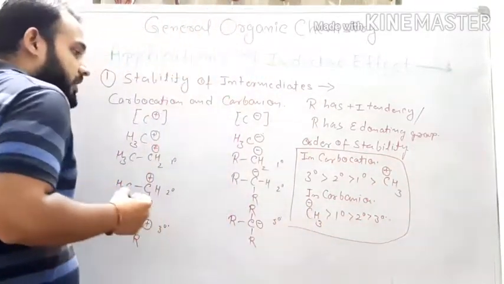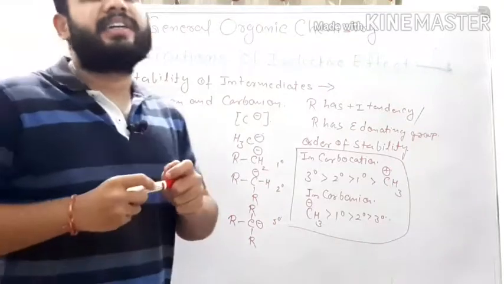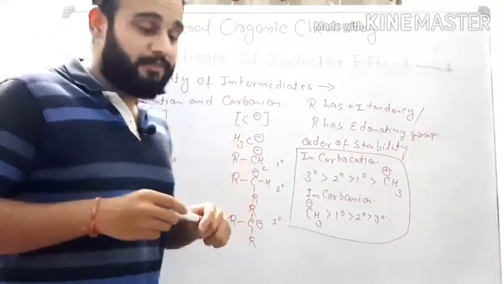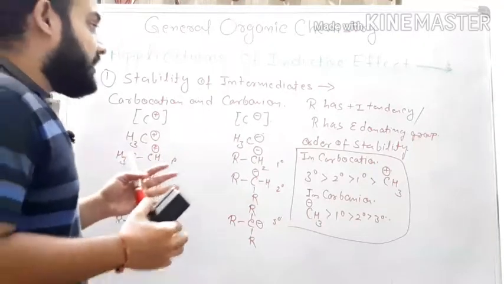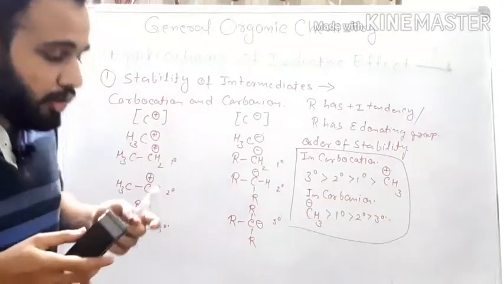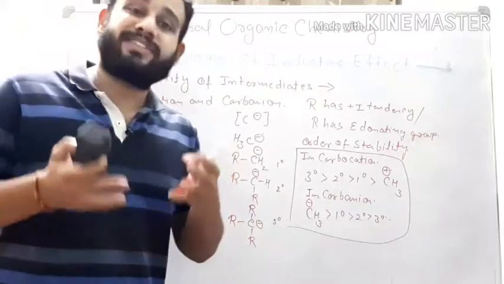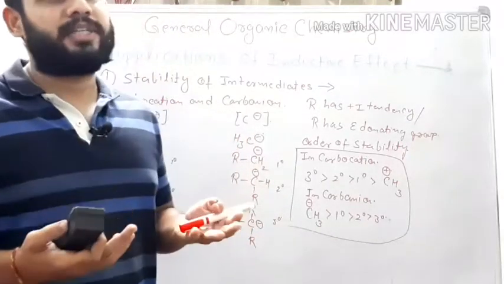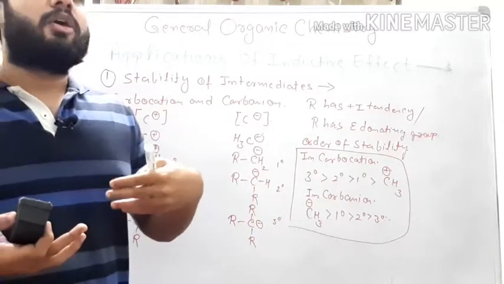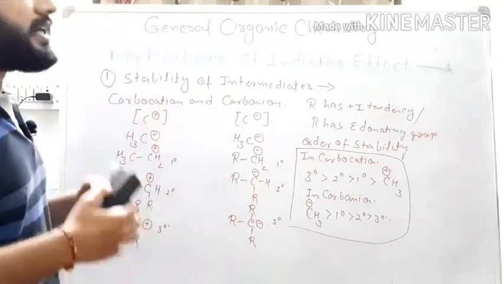So this is the order of stability of intermediates. Understand, friends? Now on the basis of this concept, we can also talk about the stability in cyclic anions or cations, or respectively hydrocarbons, that is alkane, alkene, or alkyne anions and cations.